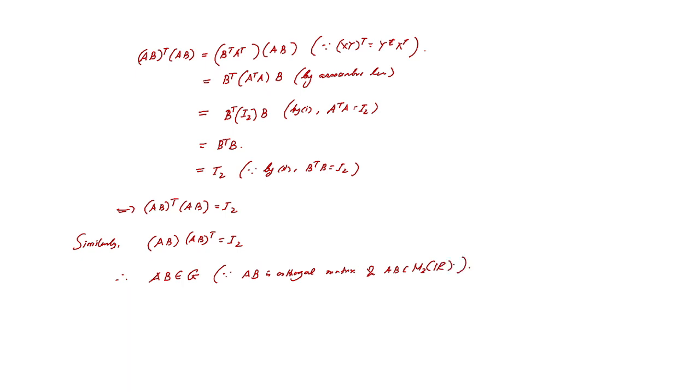So closure property holds. So therefore, we can conclude the product of 2 orthogonal matrices is orthogonal for all A, B belonging to G.